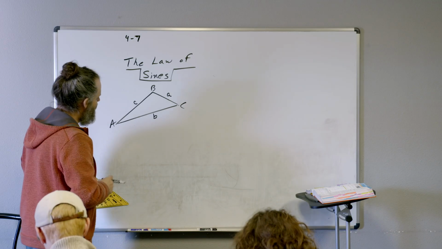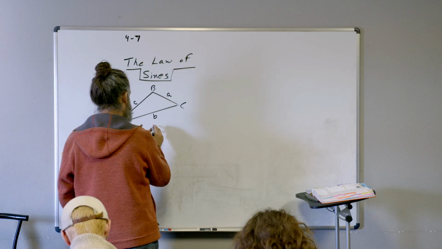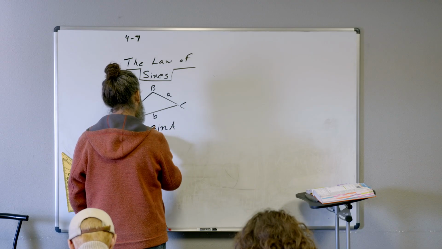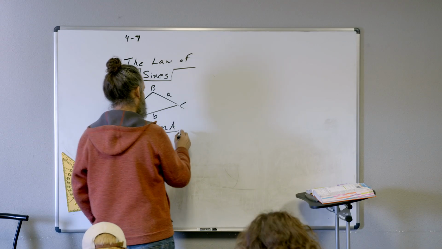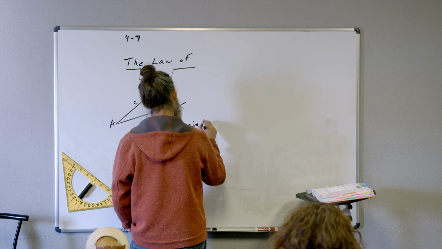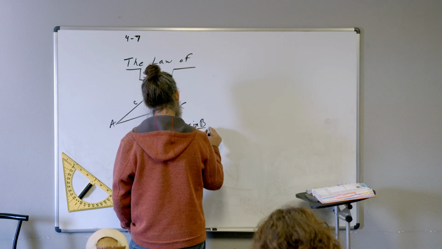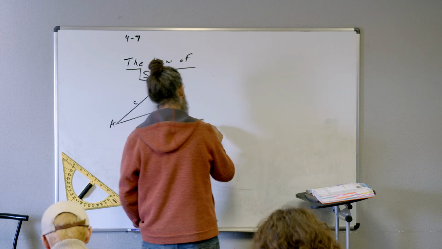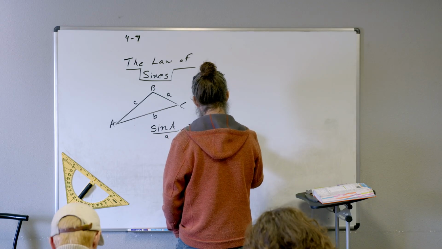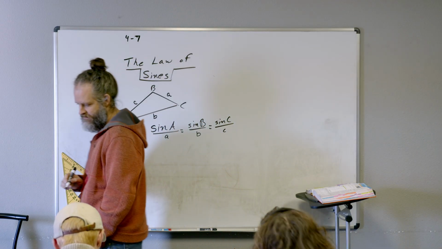Okay? And their relationship looks like this. The sine of angle A over side A equals the sine of angle B over side B equals the sine of C over side C.